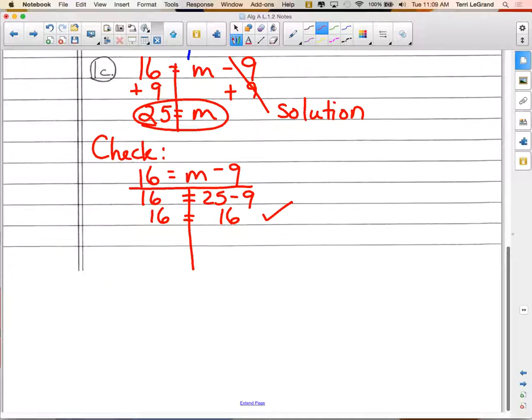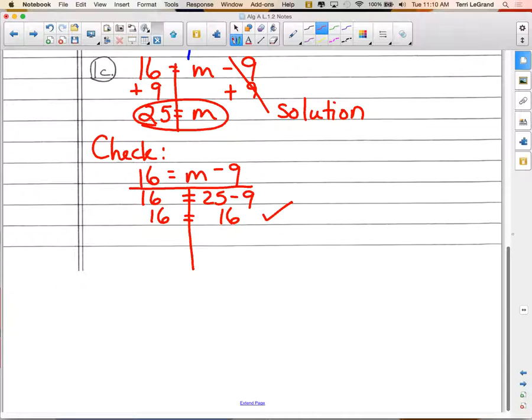When you've done both parts, both the solving and the checking, you can look up at the board and see if you and I agree. This is your solving. That's your check.